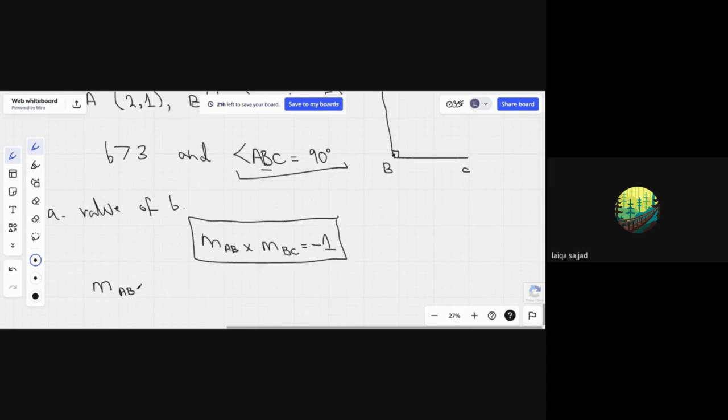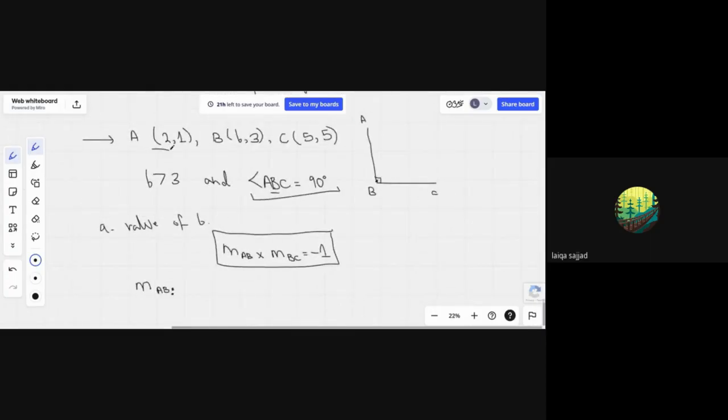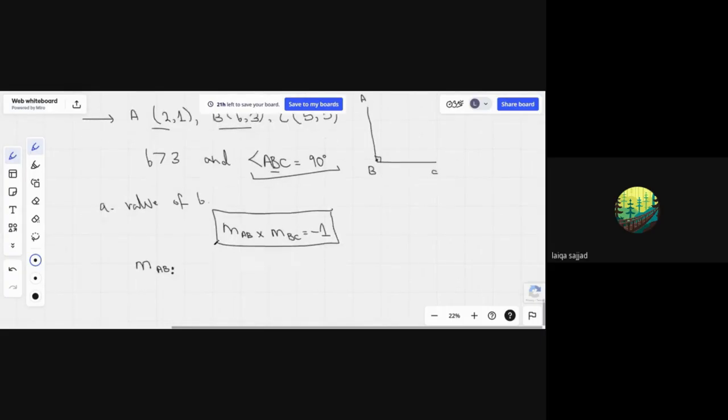The gradient of line AB, for these two points, will be 3 minus 1, which is 2, divided by the subtraction of the x coordinates, so b minus 2. This is the gradient for line AB.